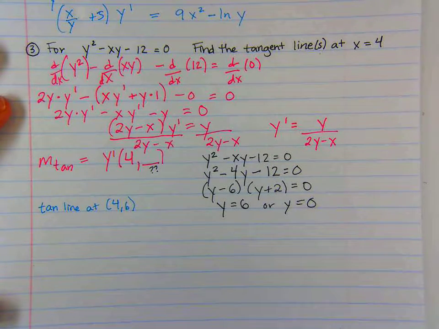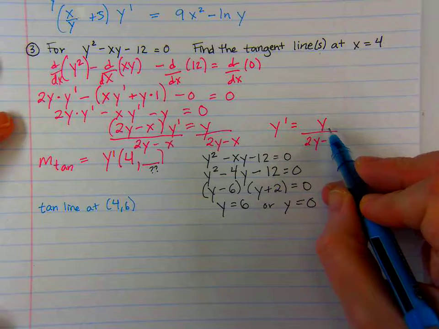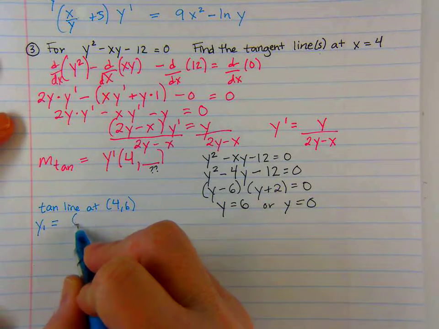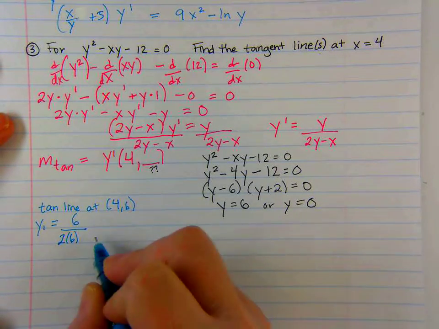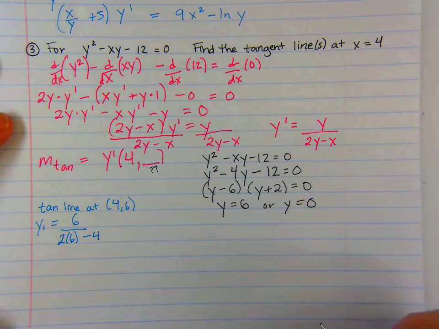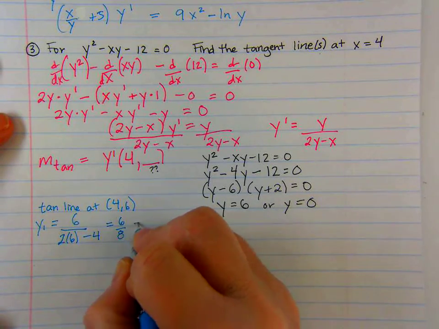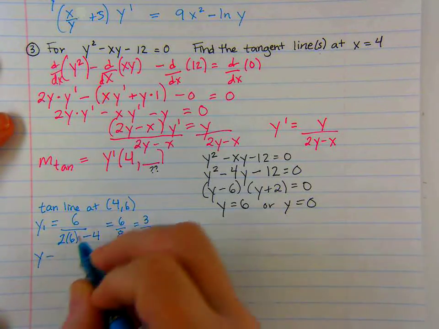So we need to find the slope. So the slope here is the y prime. So we have y is 6 over 2 times 6 minus 4, which is 6 over 8, which is 3/4. Okay, and then you can use point slope form.